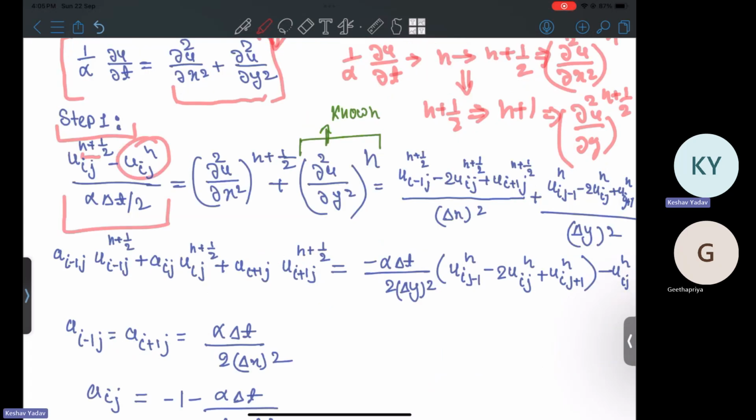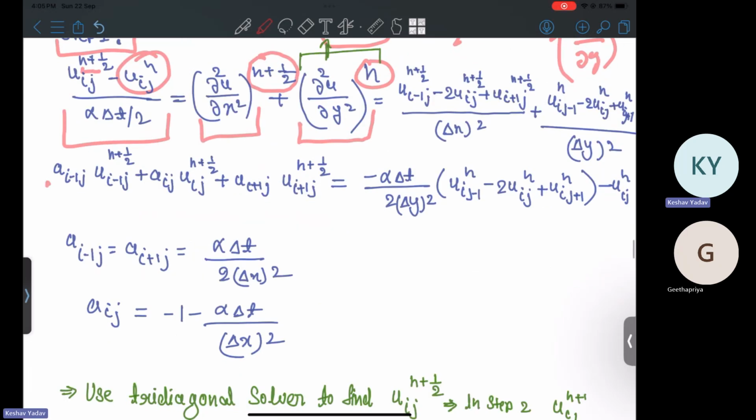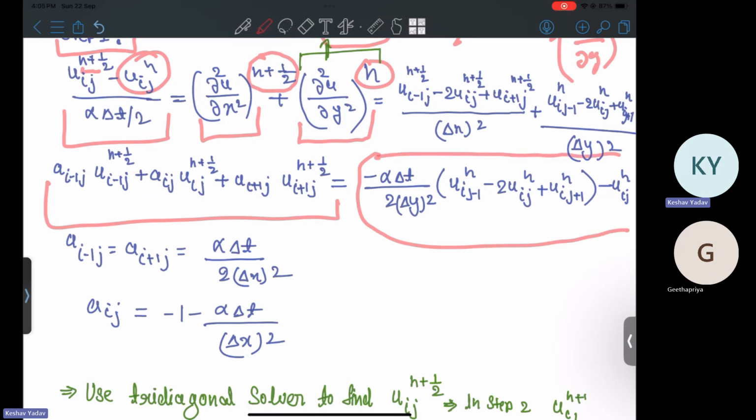The del 2 u upon del x square term is at the n plus half time step, while the other is considered at the nth step, which is already known. If you discretize this, you get the equation. In the RHS, you will get some u terms at the nth iteration, which are known.